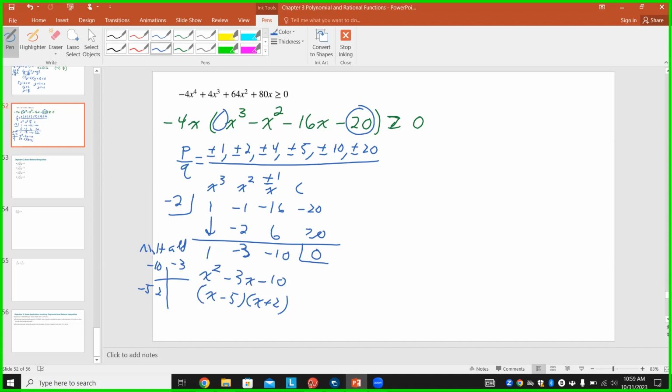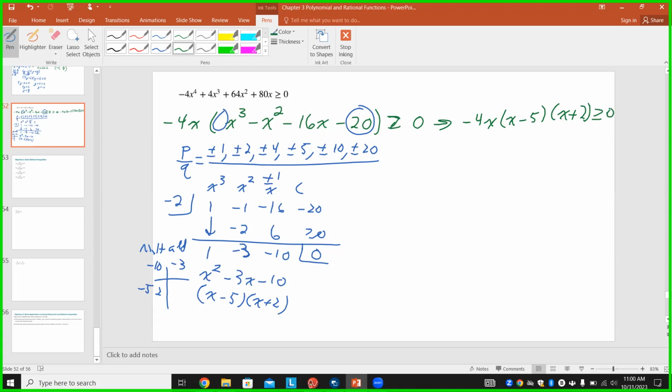Good thing is there's nothing greater than 1 on the leading term, so I don't have to worry about dividing. So I'm going to come back, and this ends up being negative 4x, because that was my original GCF, x minus 5, x plus 2, all greater than or equal to 0.